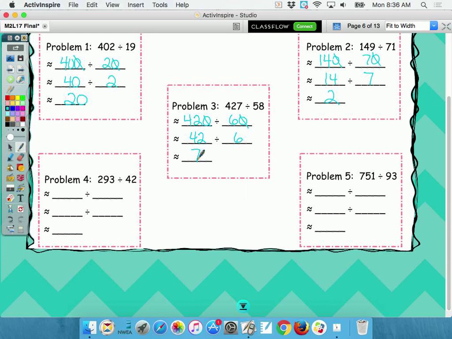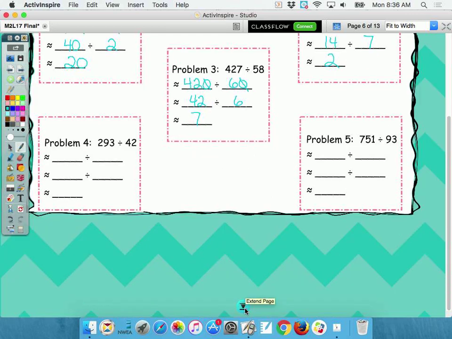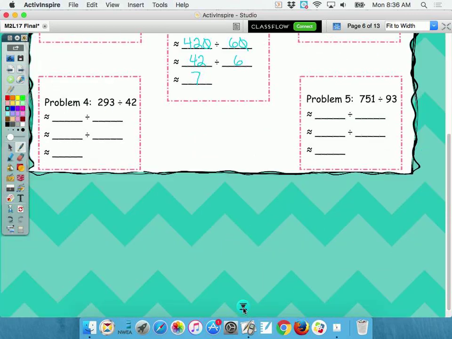Yes. So let's start by rounding the 42 in this problem. 42 becomes what? 40. Now what could I make the 29? I'm looking just at the 29 for now, okay? So 30. I could do 290, but 4 doesn't divide into that.